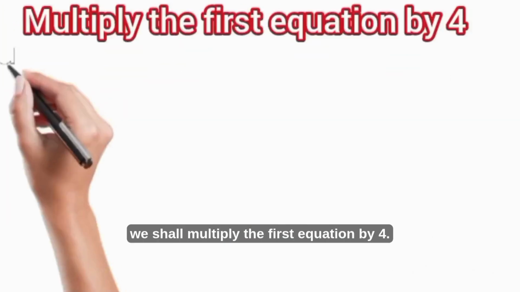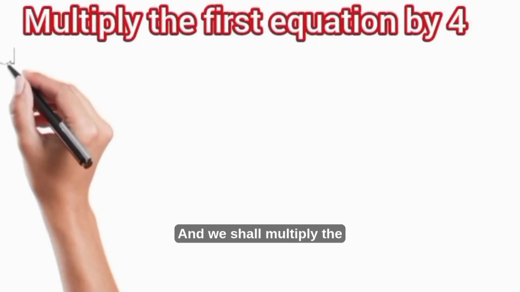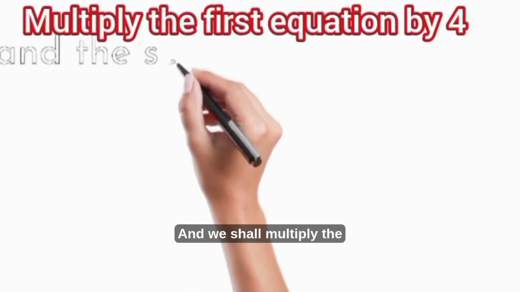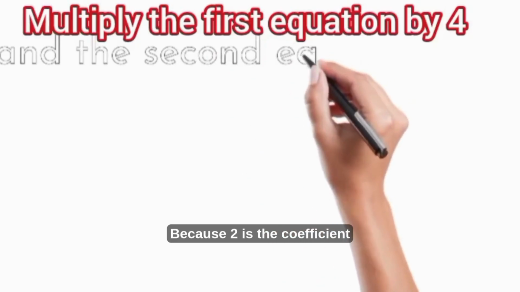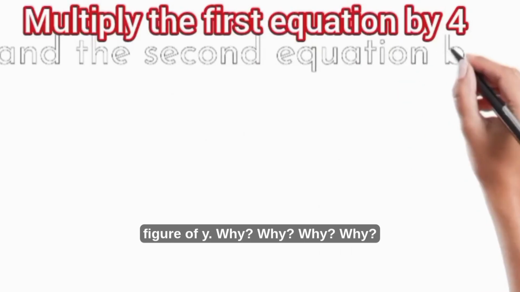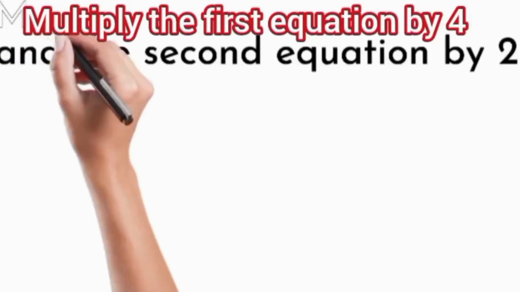So we shall multiply the first equation by 4 because 4 is the coefficient figure of y in the second equation, and we shall multiply the second equation by 2 because 2 is the coefficient figure of y in the first equation.